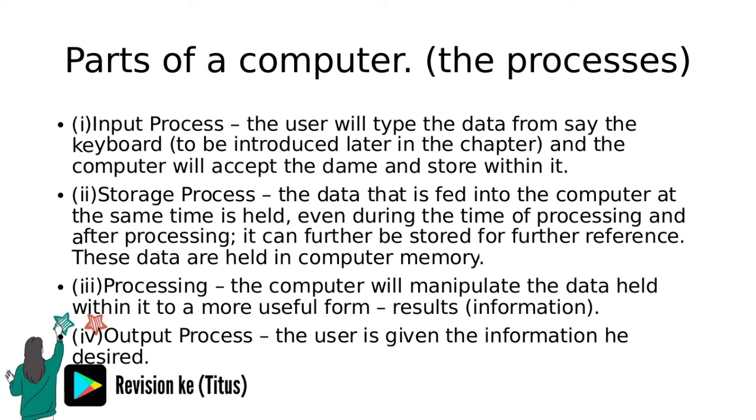And processing is the computer will manipulate the data held within it to a more useful form, which is now the results, the information. And this information that has been processed needs to be given out. So it's important to us when it's given out. When it's within the computer, it has no use to us, and that is the output process.